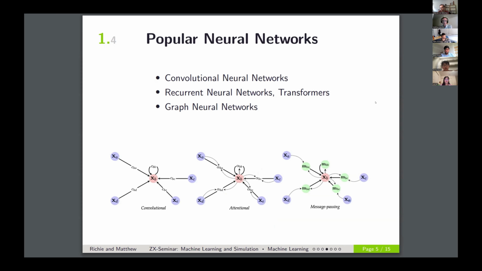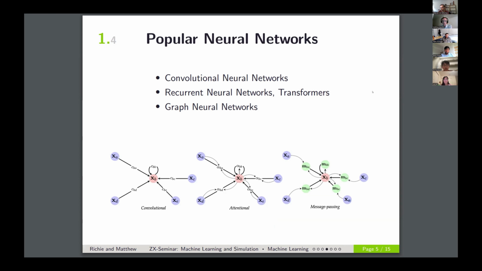Then you also have recurrent neural networks and transformers, which are good for sequence data, natural language processing, or arbitrary sequences, by combining the vectors or embeddings of tokens or individual words into a single sequence embedding. In particular, the transformer also uses an attention mechanism to take sequences of vectors and combine them into a single vector.